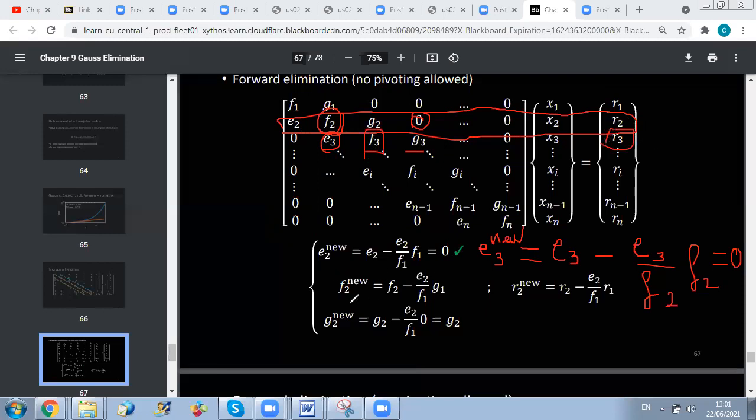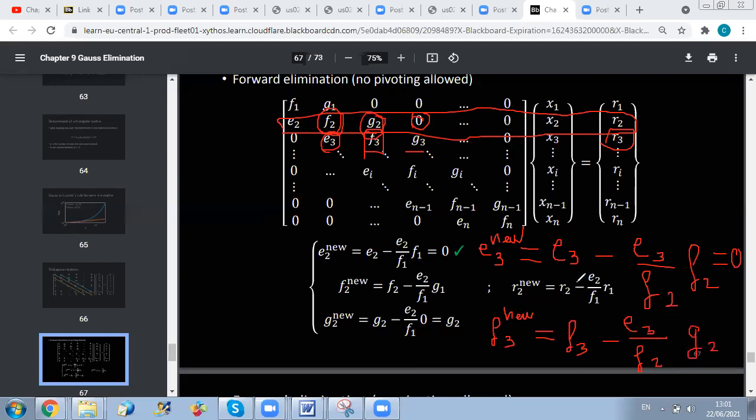So similarly, you can derive a general rule, because F3 new will be F3 old minus E3 over F2, which is the factor, times the element above it in the pivot equation, which is G2. So times G2.